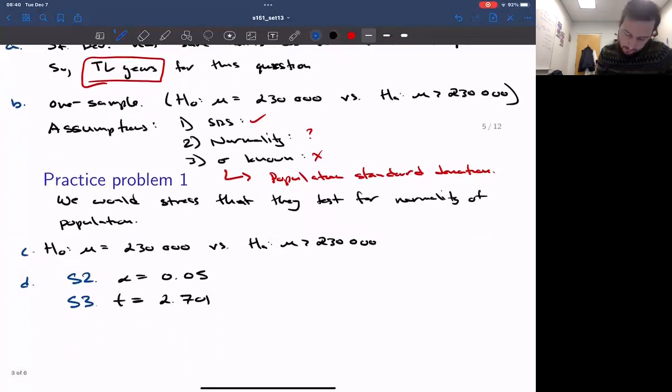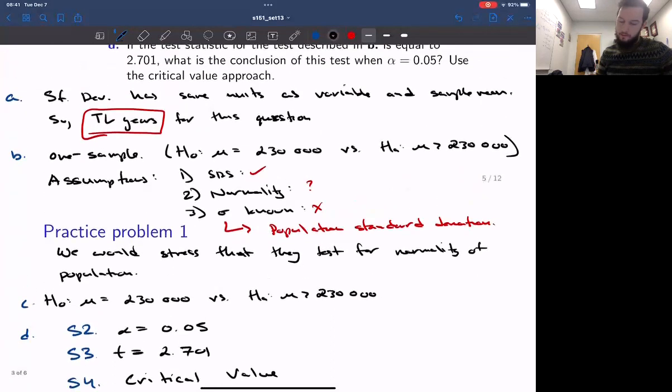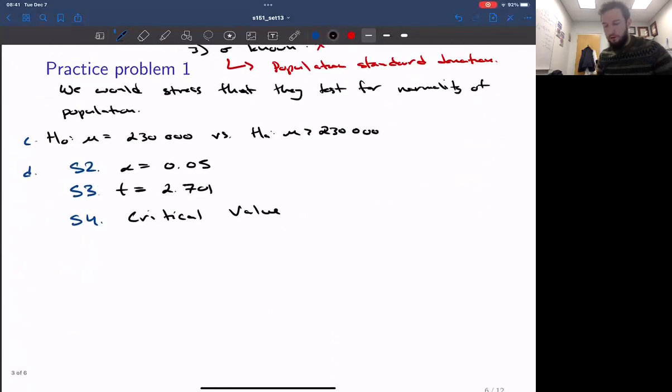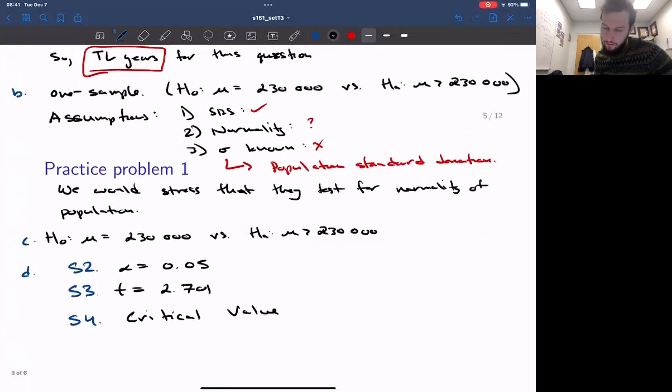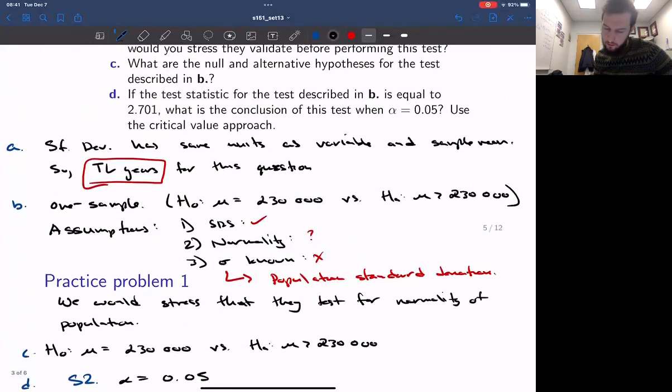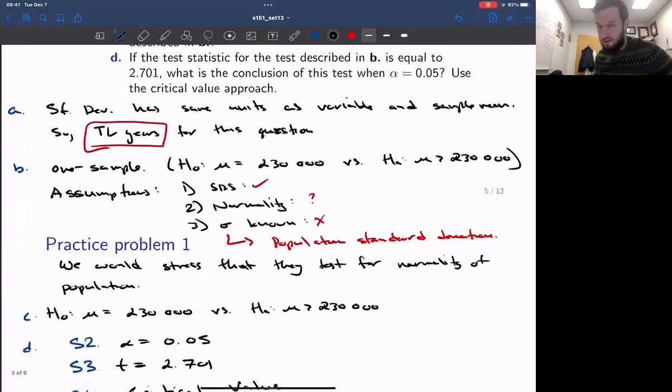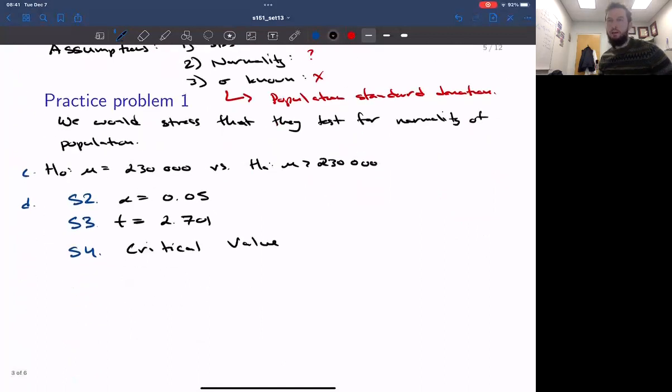So what we are being asked to do here is simply work through the critical value approach, and from the critical value approach, write the conclusion of the test. So basically what we're doing here is working through step 4 through step 6 of the hypothesis test. Step 1 through step 3 have already been given to us.